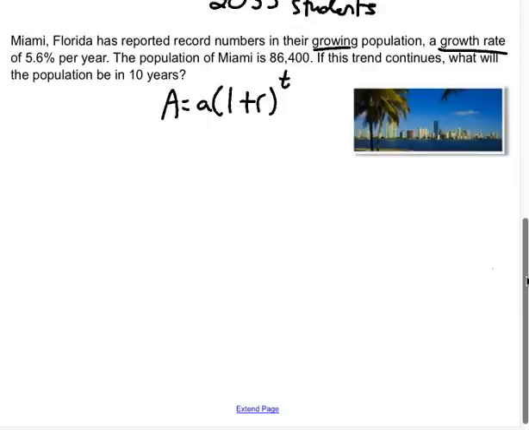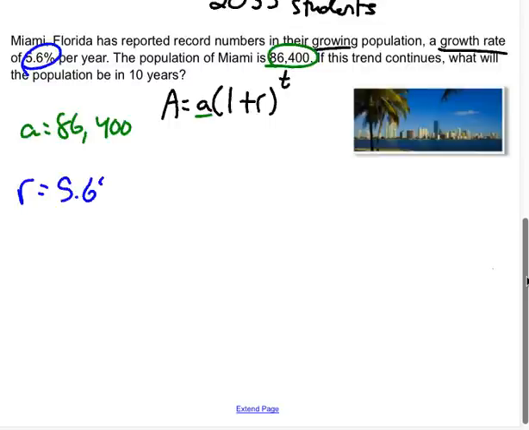All right. Once I've determined that this is a growth model, now I start looking for my initial value, my percent change, 5.6%. But again, you always need it as a decimal.